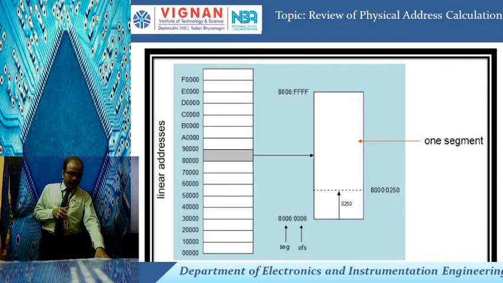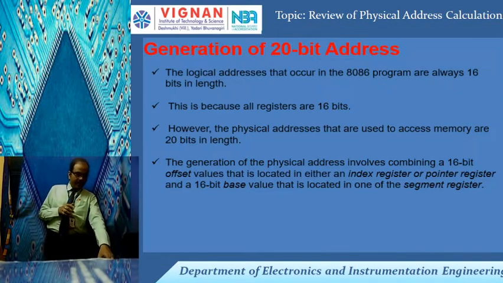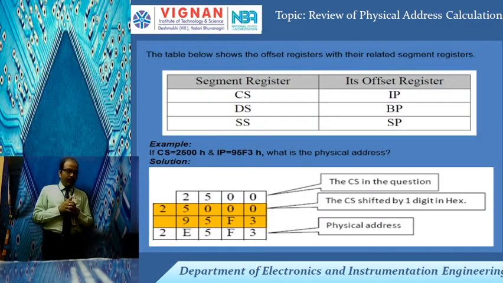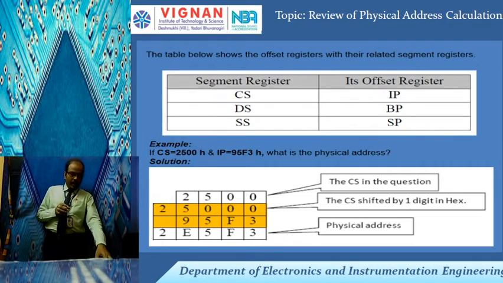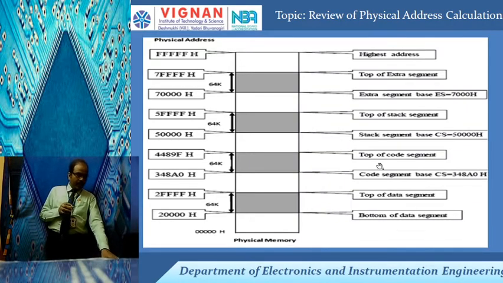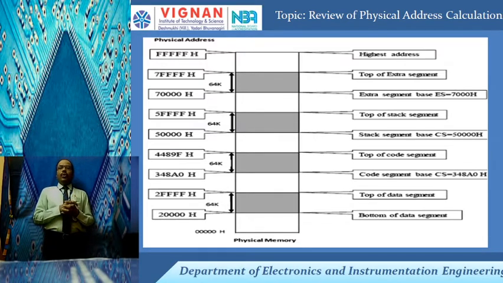For example, we have some data stored at 23456H. This address falls into a memory segment whose starting address is 20000H to 2FFFFH.